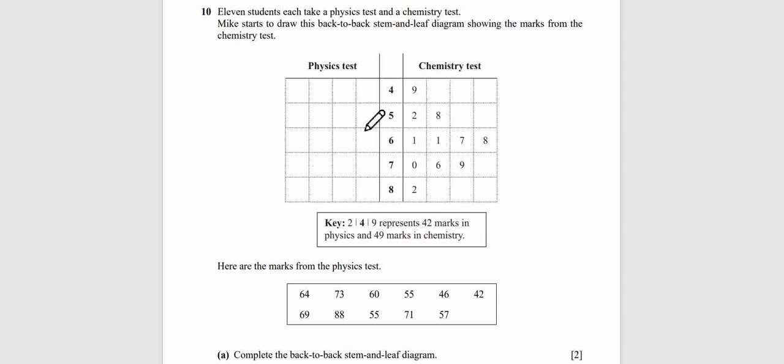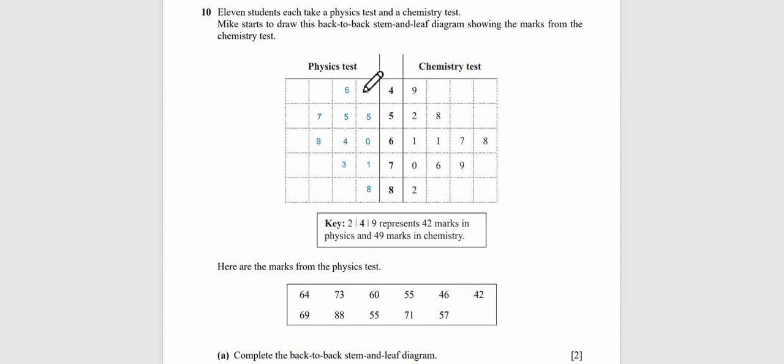10 seconds from now. 10, 9, 8, 7, 6, 5, 4, 3, 2, 1. Okay, here we go. This is our answer. So 64, we put 64 here. 73, 60, 55, 46, 42 here.